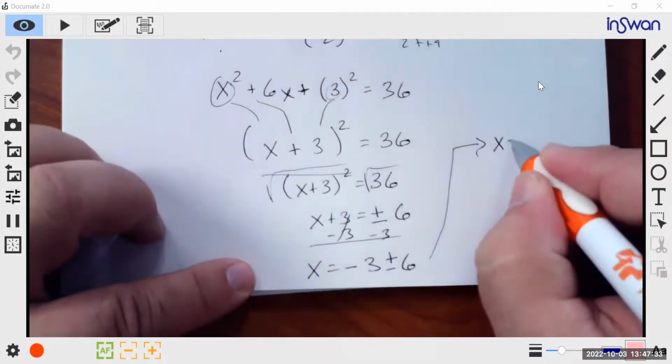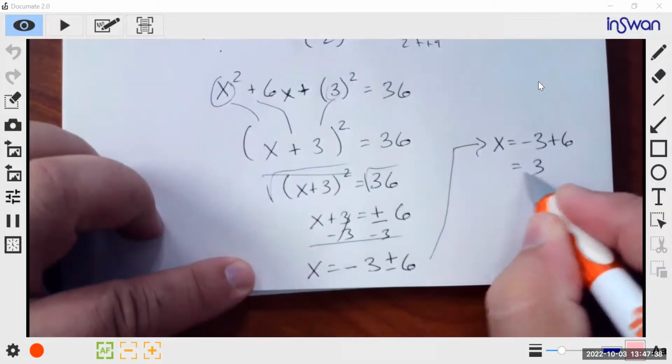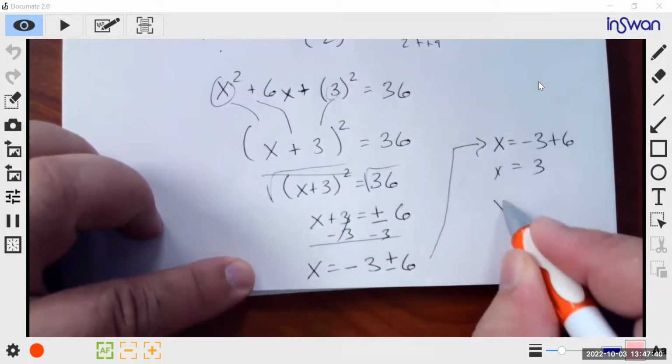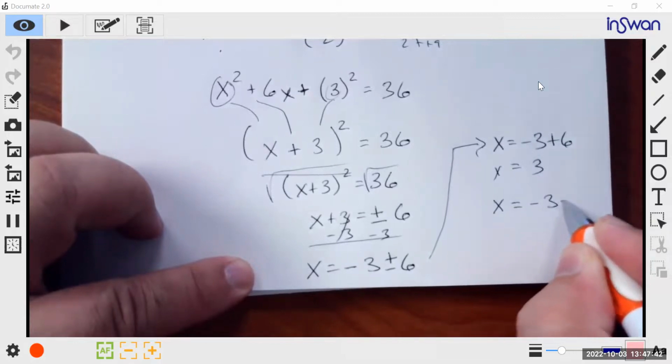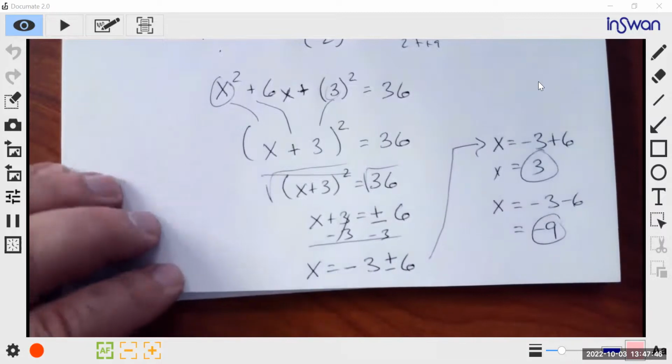So that means -3 plus 6, which is 3. And -3 minus 6, which is -9. -9 and 3, which is what we found earlier.